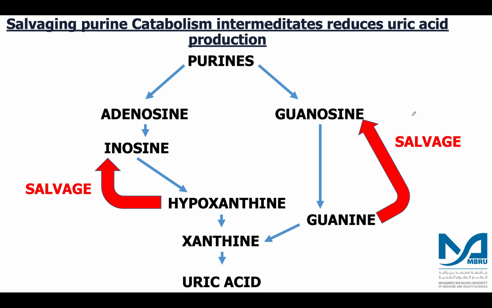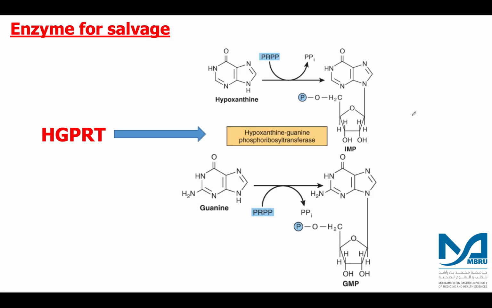Now, in order for the salvage reaction to proceed, we need a particular enzyme. Most of the time in an assessment, they will mention the abbreviated form of the enzyme, which is HGPRT, which stands for hypoxanthine guanine phosphoribosyl transferase.